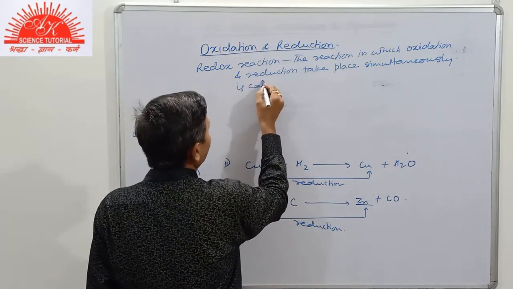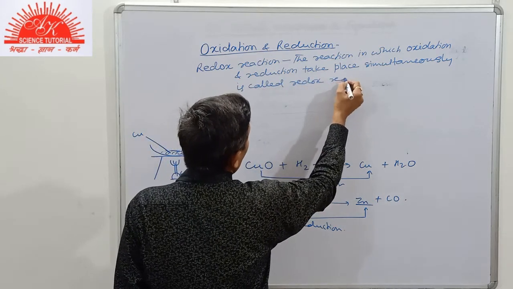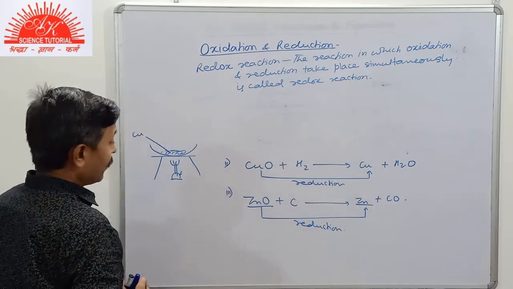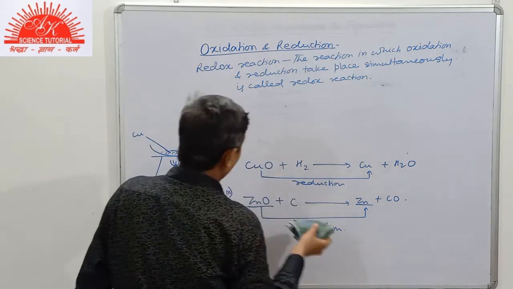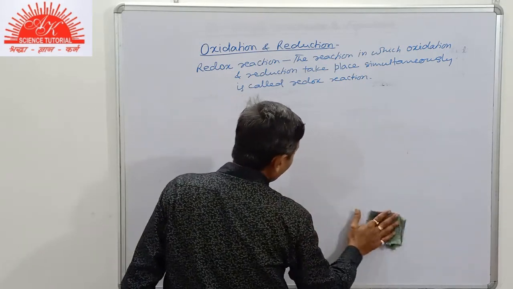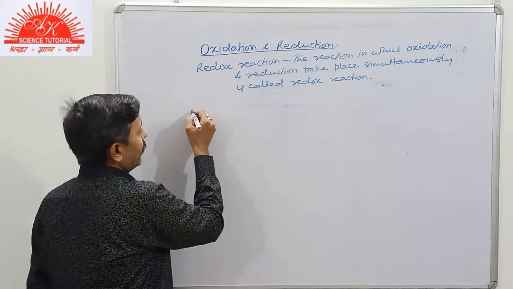So in general we see that if a substance is oxidized, there will be another substance which will be reduced. Let us take an example for a redox reaction.